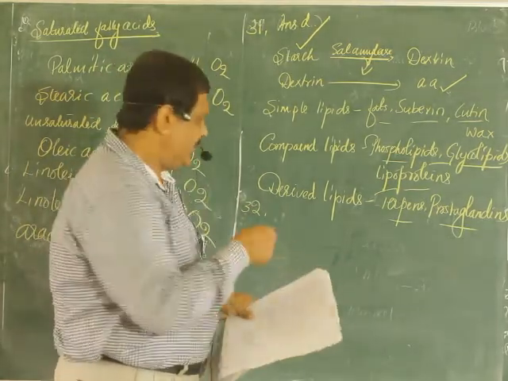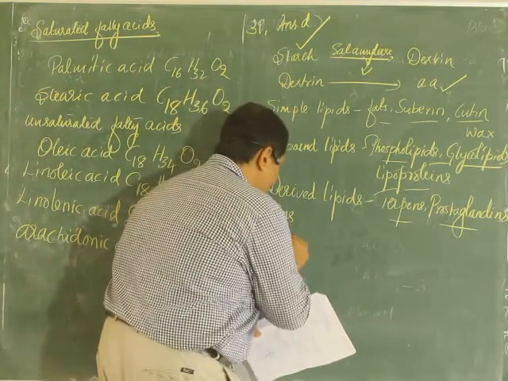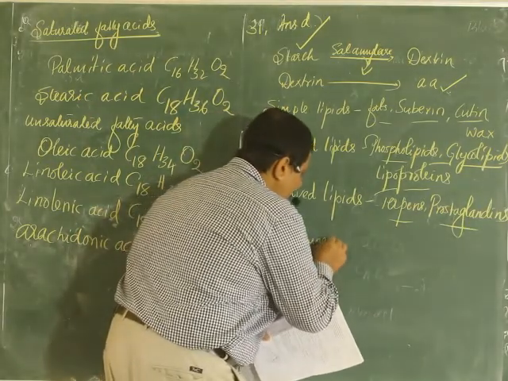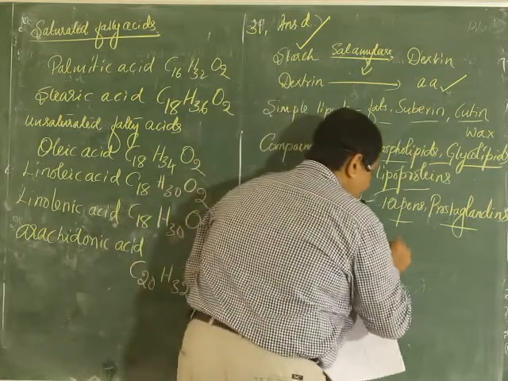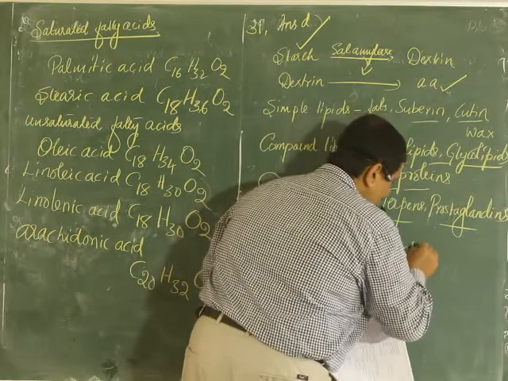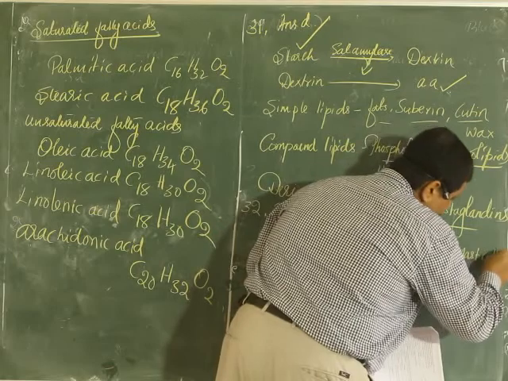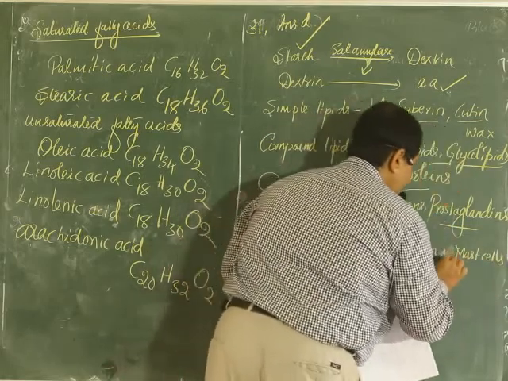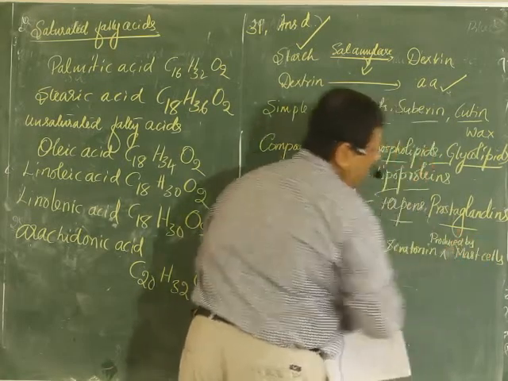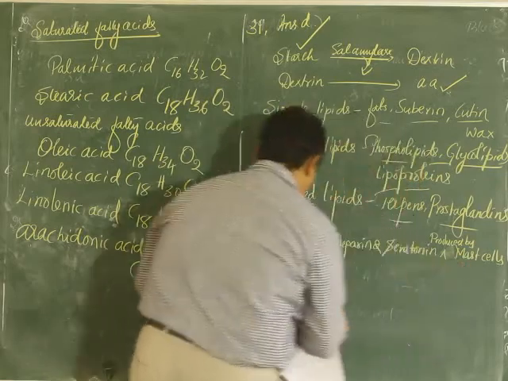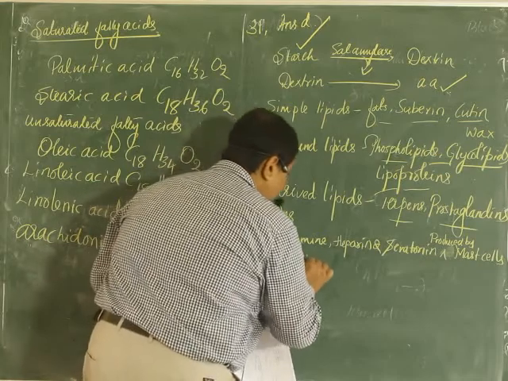See, answer, histamine, heparin, and serotonin produced by mast cells. Okay, mast cells are found in liver.